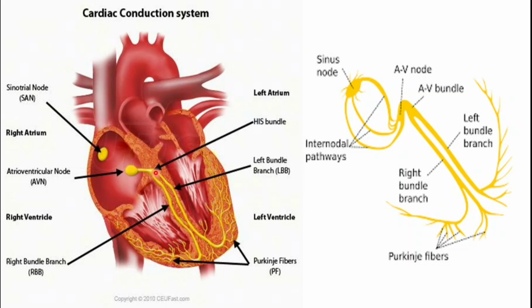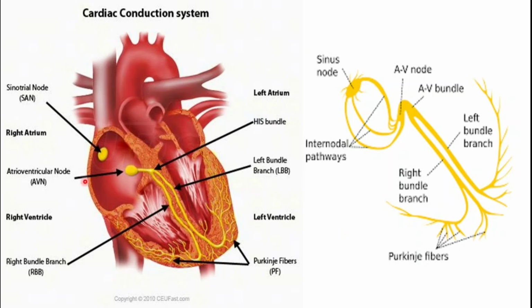And the left bundle branch continues on the left side of the heart in the interventricular septum, and it also goes into the papillary muscles and further divides into the small fibers which are known as the Purkinje fibers. So this whole SA node, AV node, the bundle of His and the right and the left bundle branch and the Purkinje fibers, they all make the cardiac conduction system.